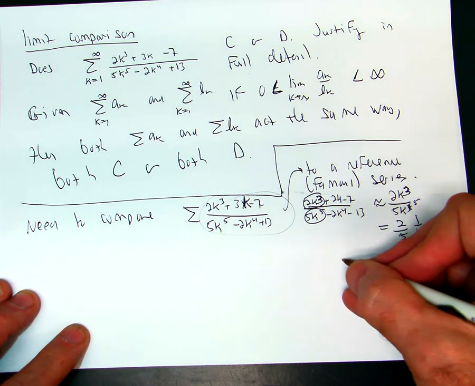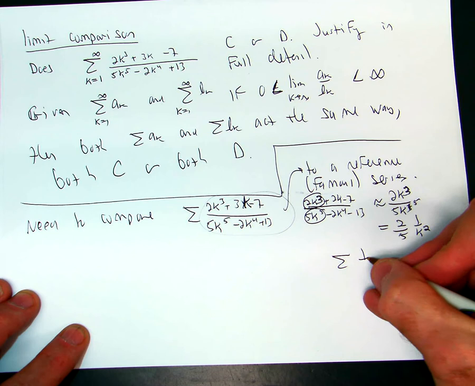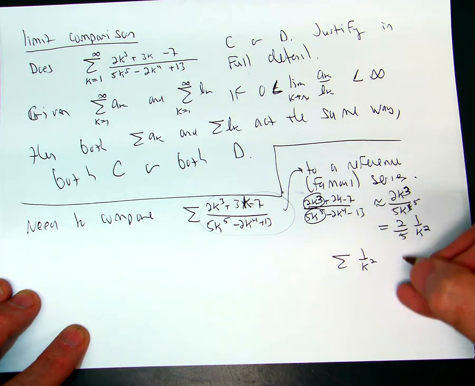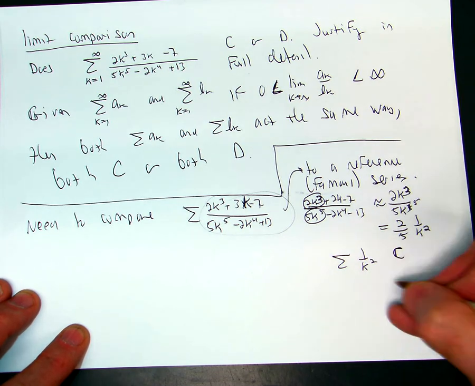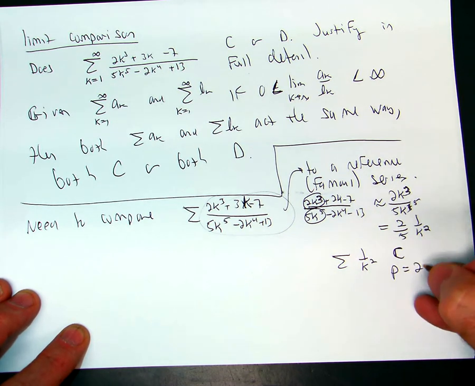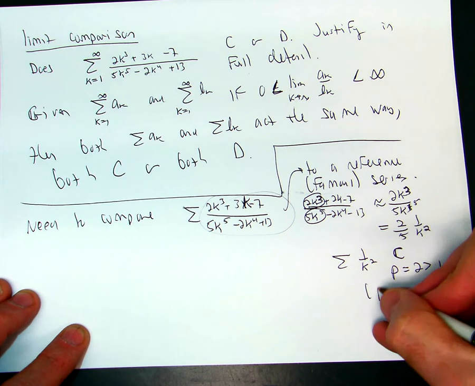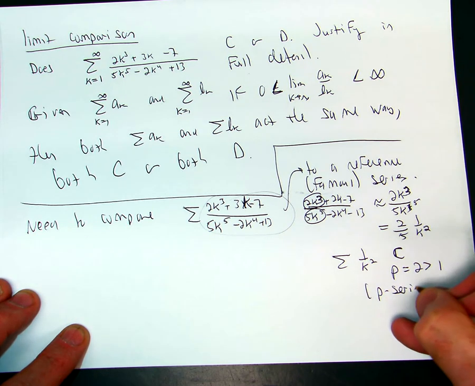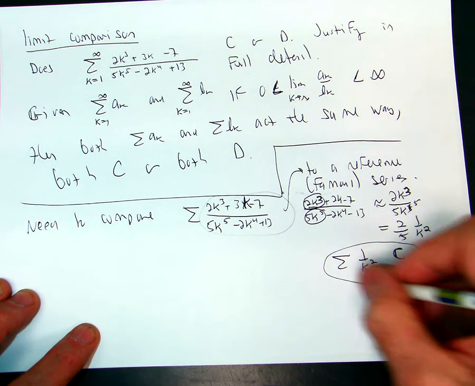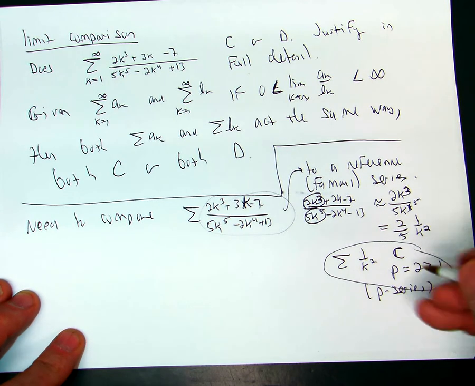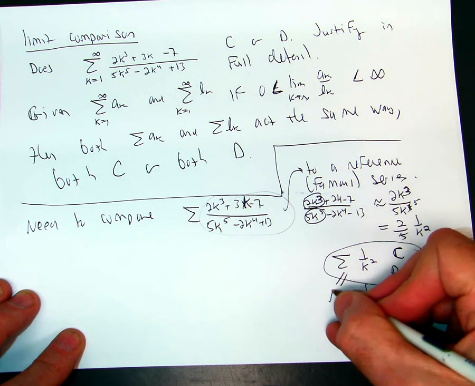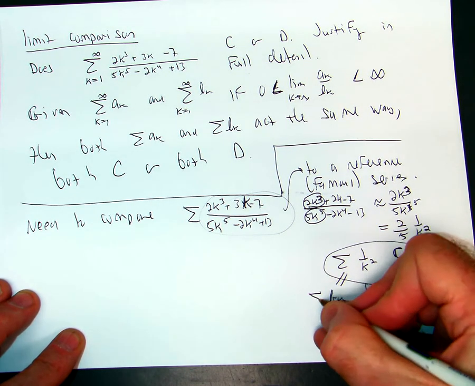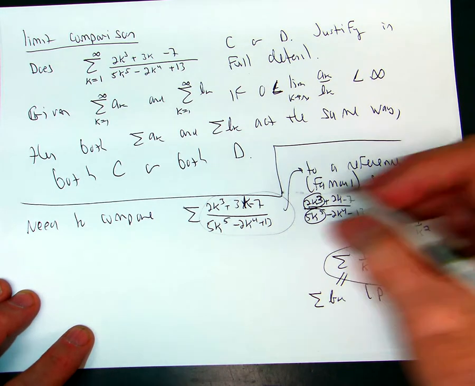And I want to note that this series converges since P is equal to 2, greater than 1, and that's because it's a P series. So this series converges. So I'm going to compare, this is going to be my BK, and this is going to be my AK.